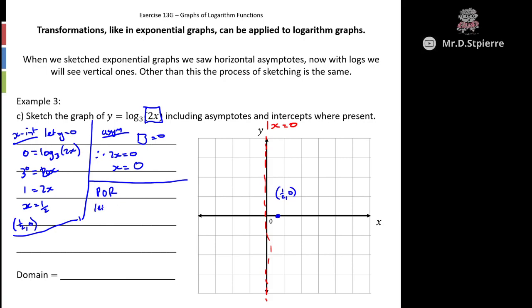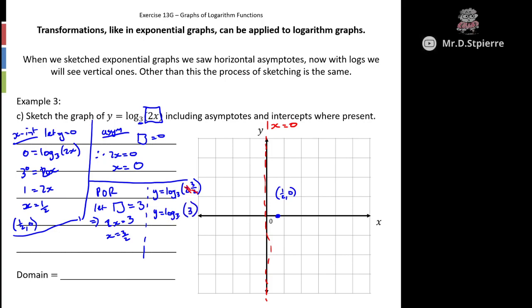I'm going to let my box equal 3 because that's what my base is. So it follows that 2x equals 3, so x is equal to 3 on 2. If I substitute that in, I get y is equal to log base 3 of 2 times 3 on 2, and we get the pattern that we want: the 2 and the 2 cancel out, so we're left with y is equal to log base 3 of 3.